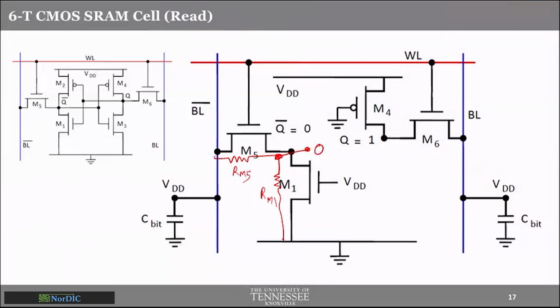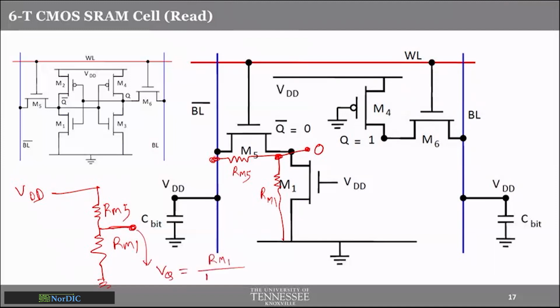So I can redraw all this circuit like VDD, RM5, RM1, and then ground. And this is the storage node that you care about. And this voltage, maybe VQ, will be RM1 by RM1 plus RM5 times VDD, whatever you apply.